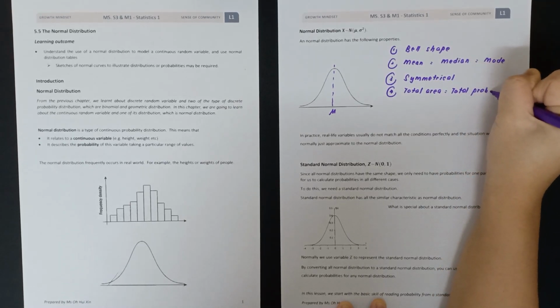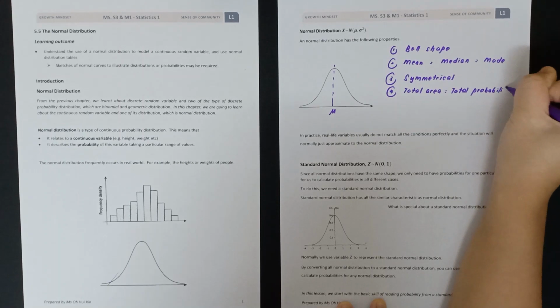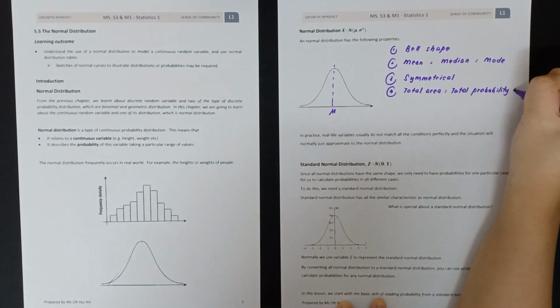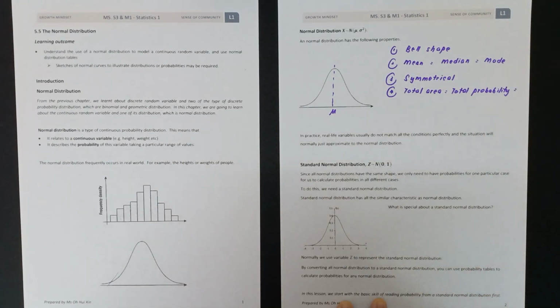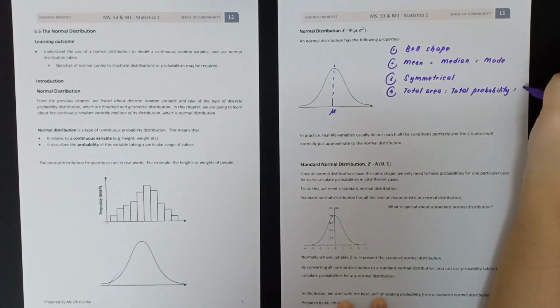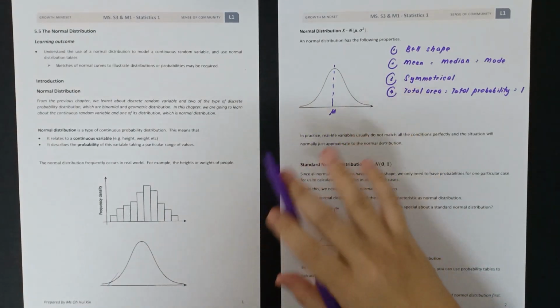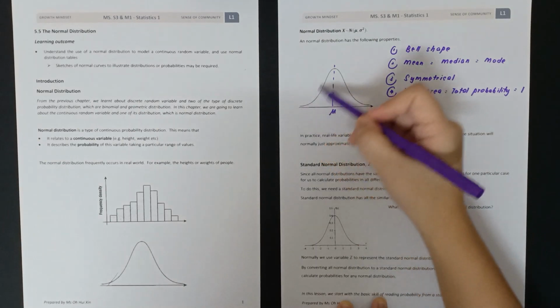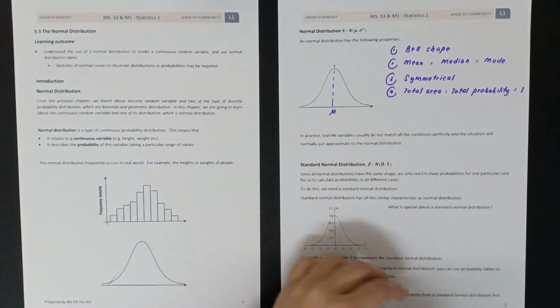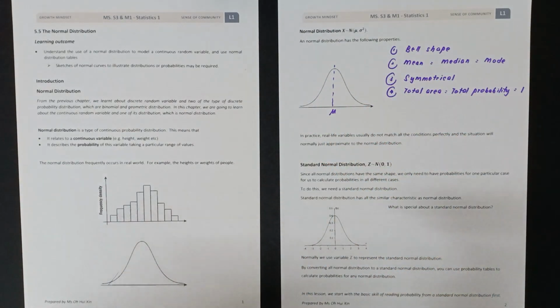What is the total probability? Same as a discrete random variable, in total you have a probability of 1. Every person that I count is going to fall under this graph, which is my 100%. So the total area means the total probability, which equals 1.